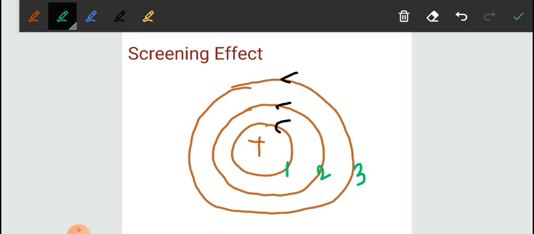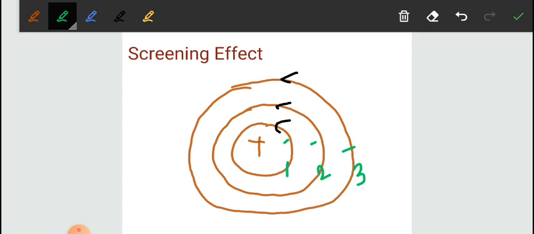So first of all, the force of attraction exerted by the nucleus will be more in case of the first shell. That means first shell electrons will have more attraction toward the nucleus because distance is very small. But the second shell will have less attraction towards the nucleus because distance is more, and the third shell will have very little force of attraction due to the distance factor.